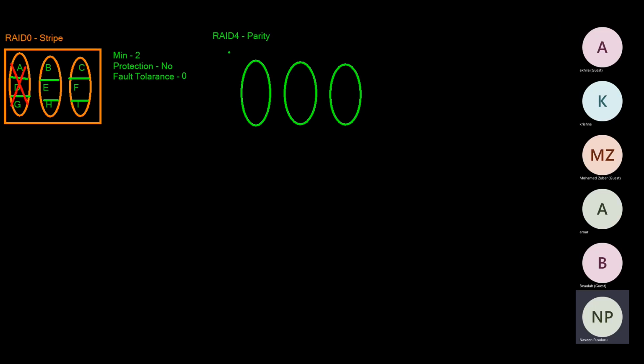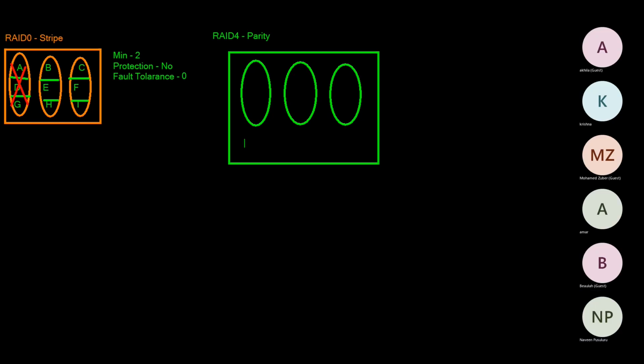I'm creating a pool with all these 3 disks. These are all different physical disks, and I'm just creating a pool with them. Let's assume these are the blocks inside my disks.